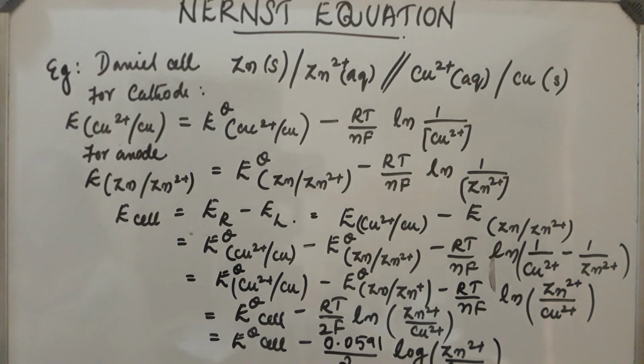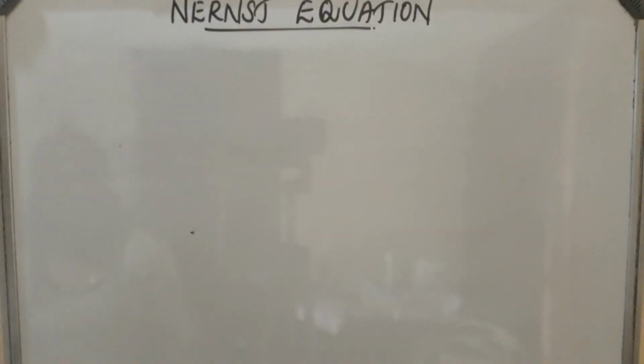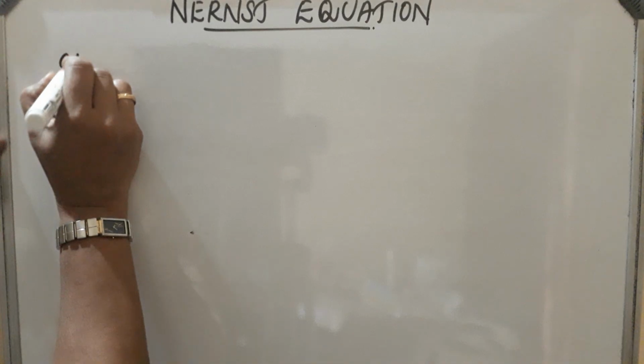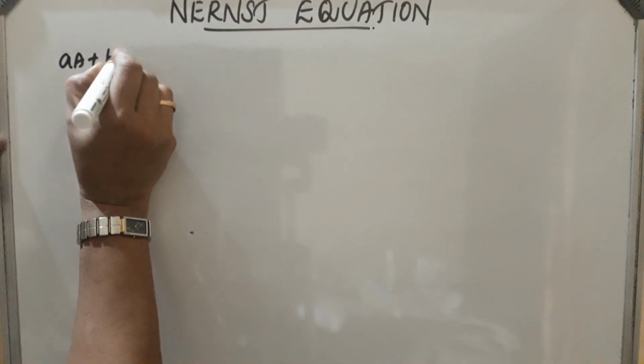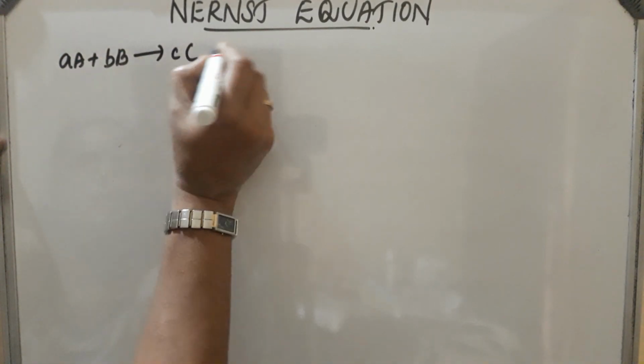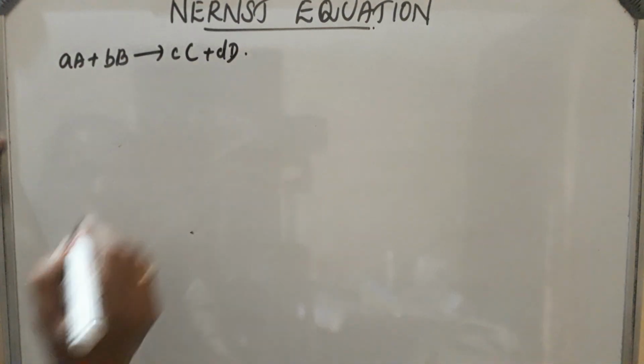So, like this we can calculate the Nernst equation for different cells. This is an example. Now, let us see what the Nernst equation will be for a general reaction. Consider the reaction aA + bB gives cC + dD.